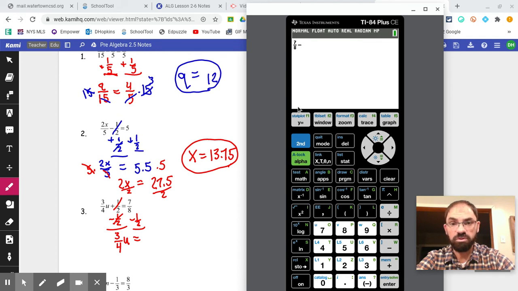Alpha y equals one more time. 7/8 minus 1/2, and we have 3/8.